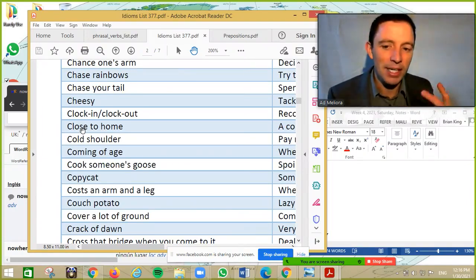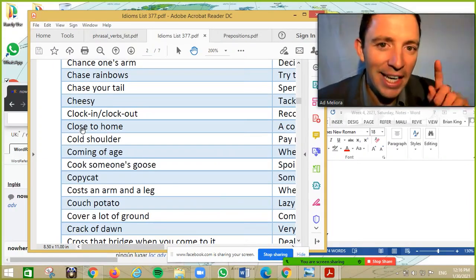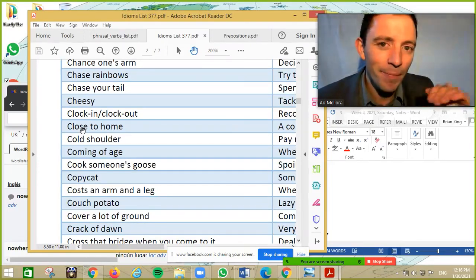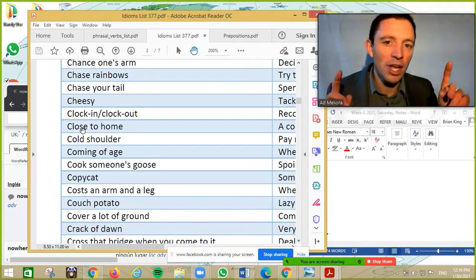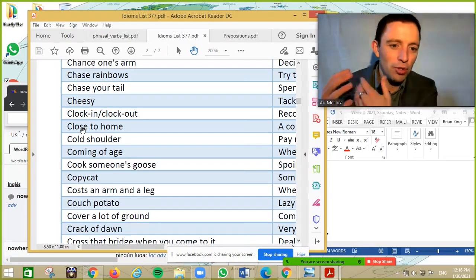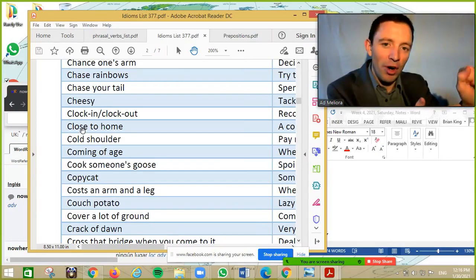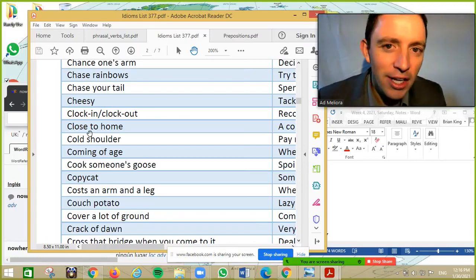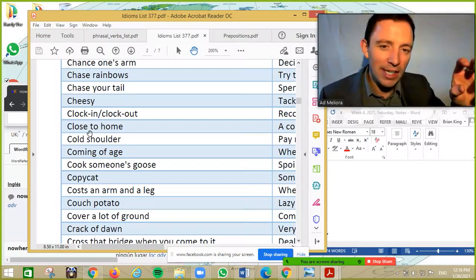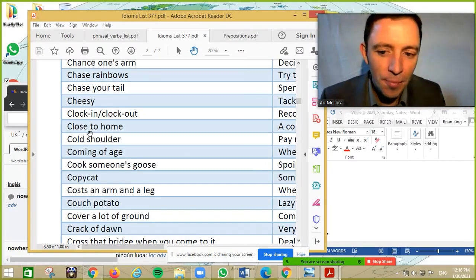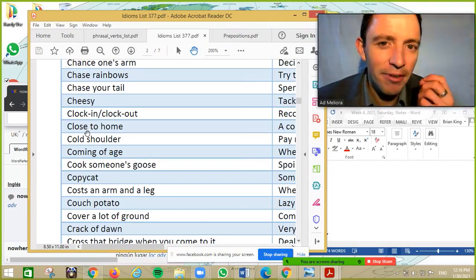And the third possibility is the same spelling but the meaning is cerrar, and the pronunciation is different. Close is cerca, but close is cerrar. Close the door, close the window, cerrar. And here it's cerca, close to home, close to the city. Literal, not very difficult, very literal.